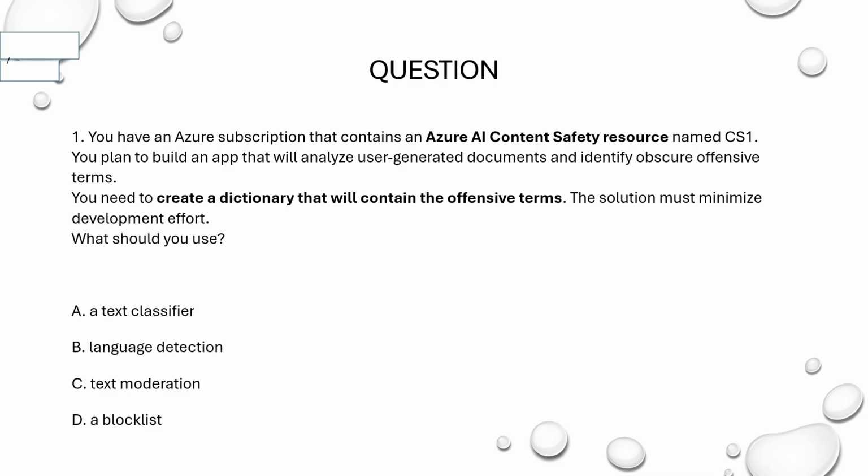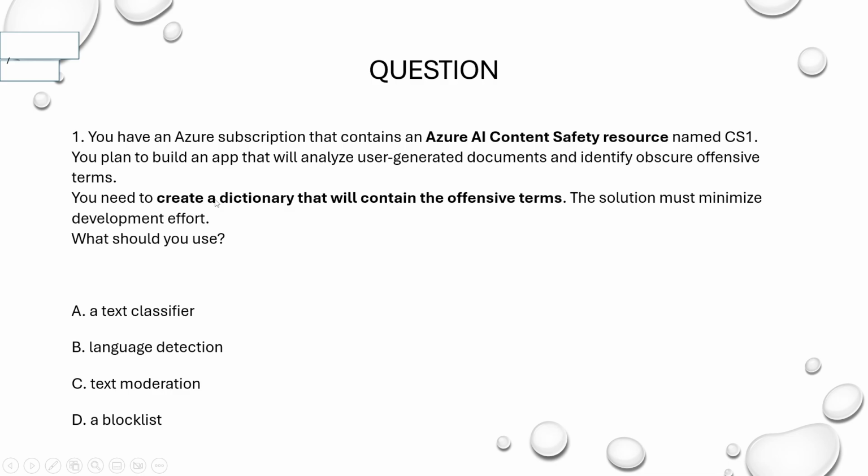Now, let us break down the question. What are the keywords present in the question? The question says it is an Azure AI Content Safety resource, and we have to create a dictionary that will contain the offensive terms. That is the requirement. So the question is related to the Content Safety resource in Azure AI, and you have to analyze documents, figure out offensive terms from those documents and flag them.